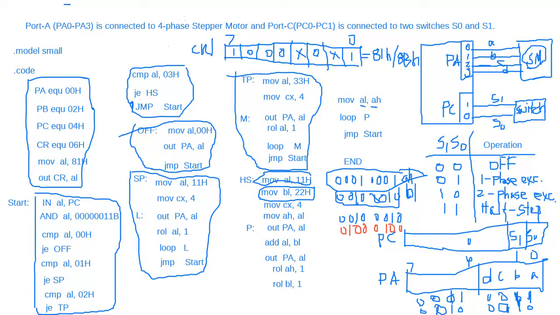Okay, 0110 0110. So after addition it becomes like two phase mode. So one phase mode, two phase mode, one phase mode, two phase. This is the way we will get it. If one phase and two phase mode repeat 4 times, then it will complete one rotation.